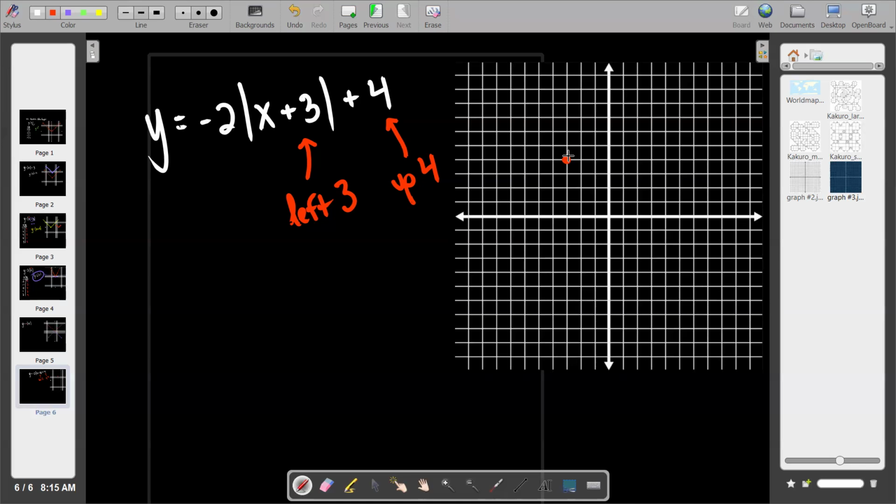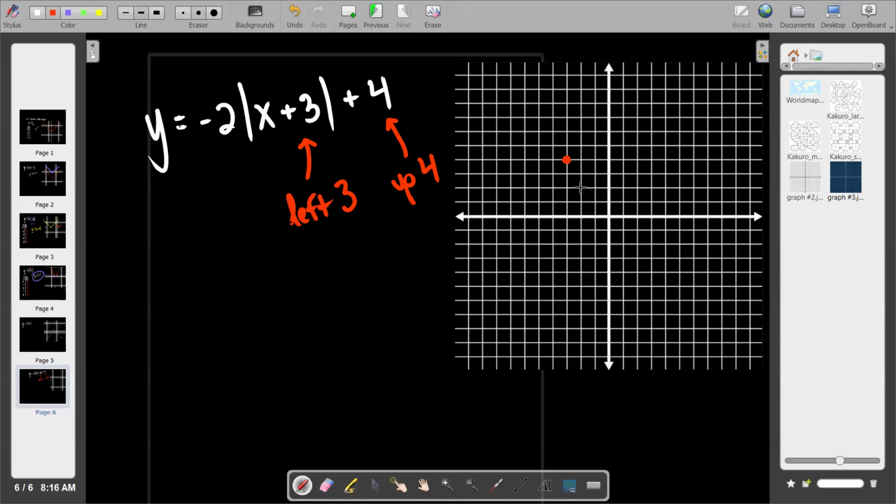Now let's talk about the other transformations. What are the negative and the 2 together going to do? What's the negative going to do? It's going to make it into a peak instead of a V. And what's the 2 going to do? It's going to make it slimmer. It's going to make it so that when I go out 1, I don't just go down the normal 1.